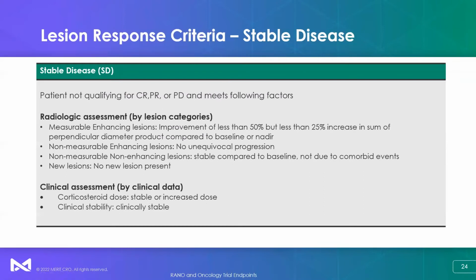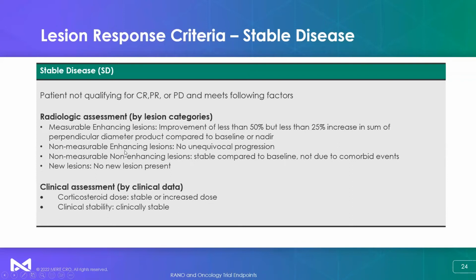Going to stable disease, which indicates the patient is not qualifying for CR, PR, or PD, and meets these factors. Based upon the imaging criteria, measurable enhancing lesions improve less than 50%, which does not pass the PR cut line, and increase less than 25%, which is the PD cut line, in SPD compared to the baseline or nadir.